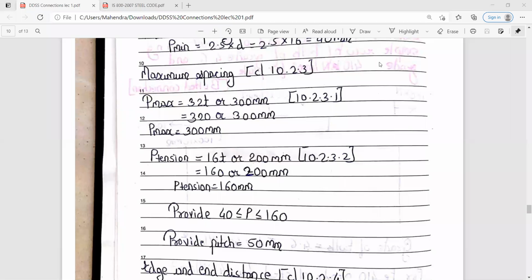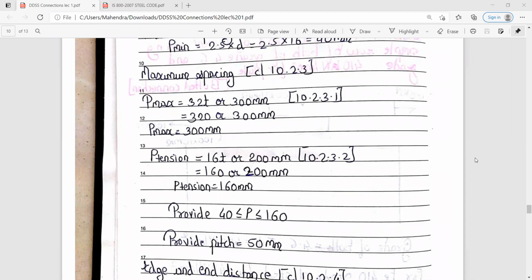Yes, Neha, what is your doubt? For calculation of the minimum P, is the diameter of the bolt taken?